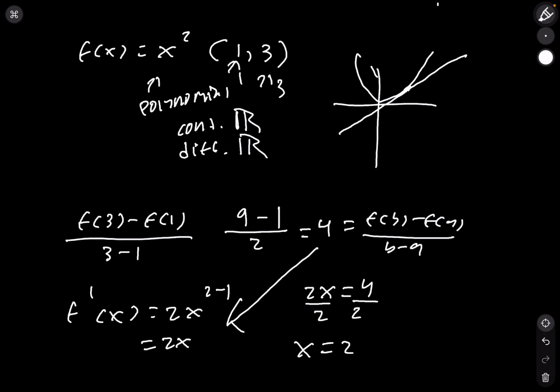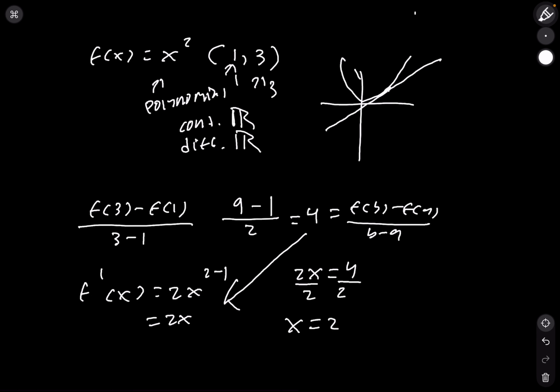And it makes sense, because f of b minus f of a over b minus a is the slope of the secant line, and x equals 2 is going to have a tangent slope of 4. So that's how we can find it, which is really cool.